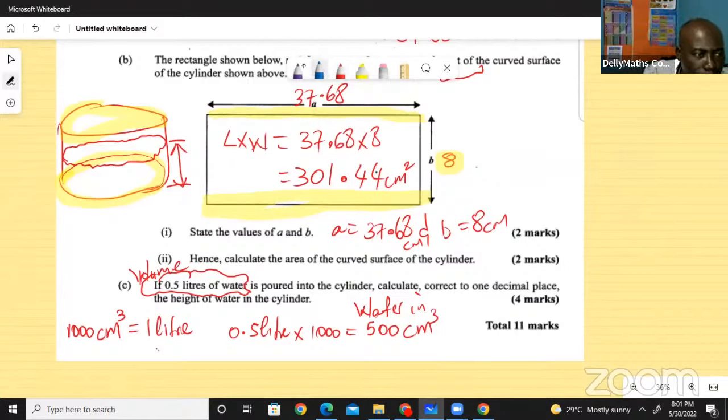It's 500 cm cube of water that is actually in that container.